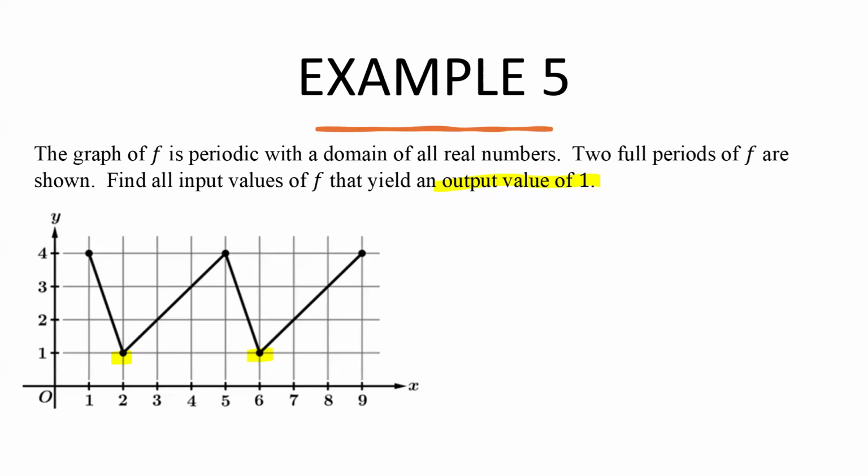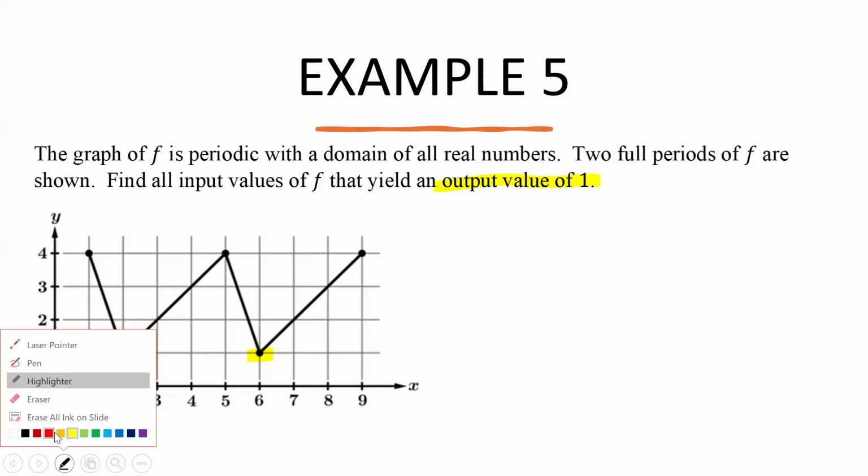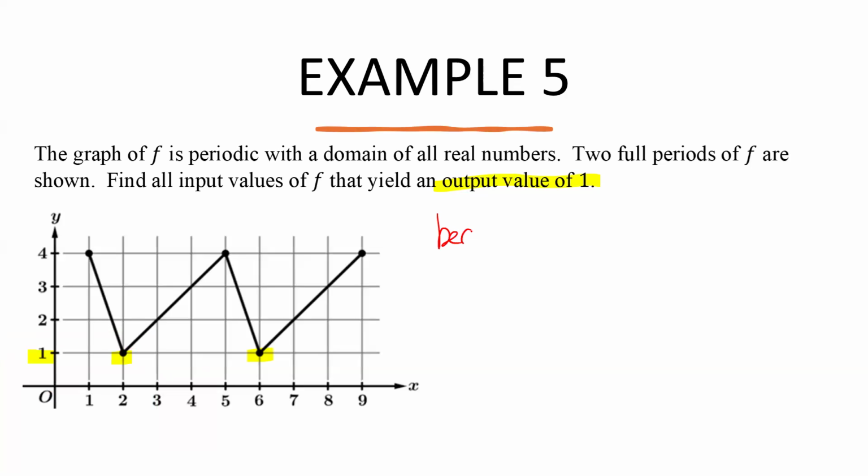Correct? That's when we get an output value of 1. Your output value is your Y, right? What is your Y? So there's 2 things you need to identify here. Where does it begin? So where do I first get my output value of 1?